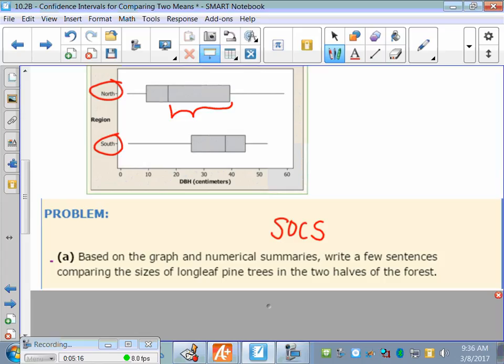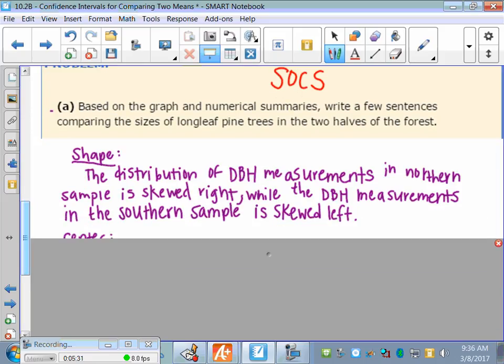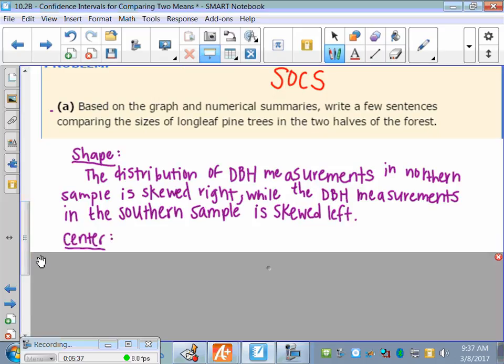Right skewed. All right. So the northern half has a right skewed distribution, and the southern half of the forest has a little bit of a left skewed distribution. So the distribution of DBH measurements in the northern sample is skewed right, while the DBH measurements in the southern sample is skewed left.